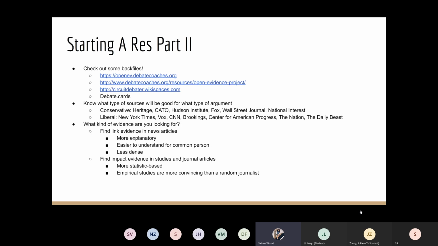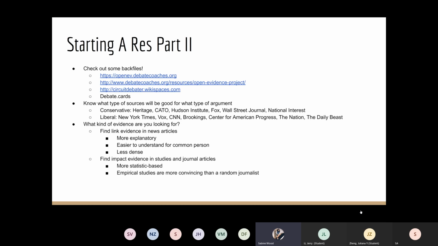So if you know there's a really generic topic area that's going to be covered on the resolution, for example, a political resolution with something about war, then it's probably a good idea to look at backfiles that have generic evidence that this war scenario will or won't happen, because it saves you a lot of time when that research and literature has already been put into a carded format for you.